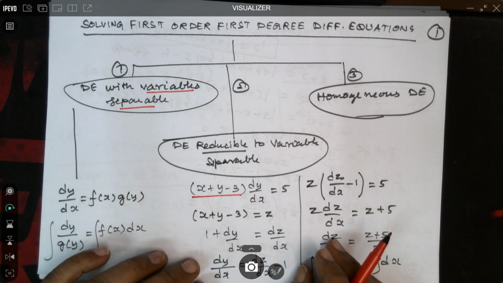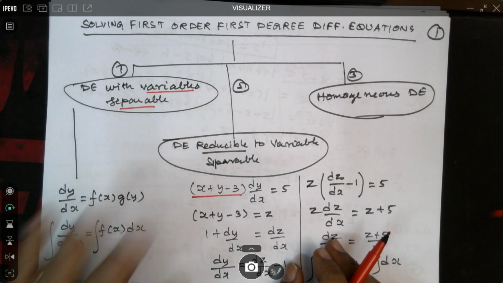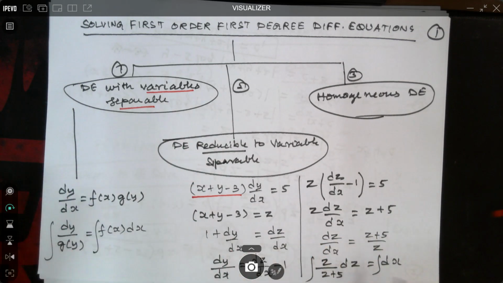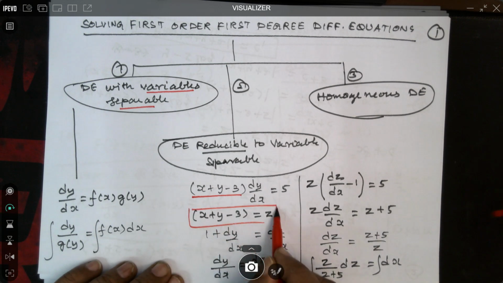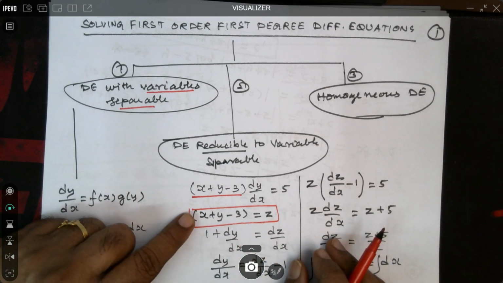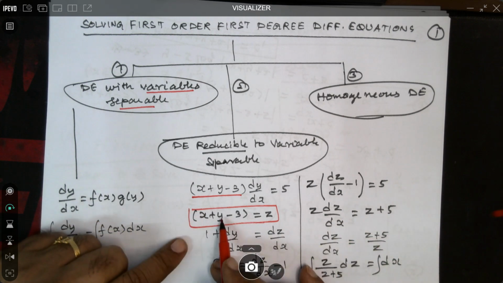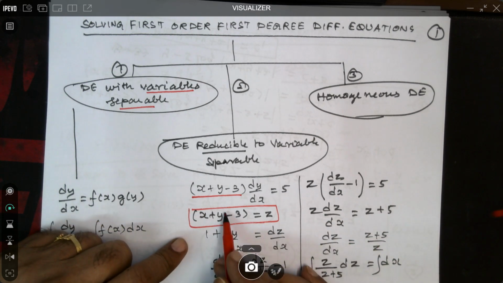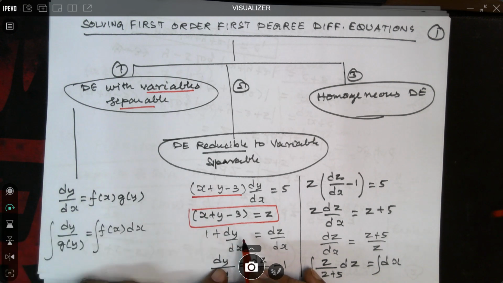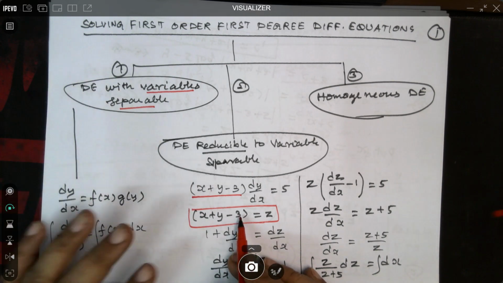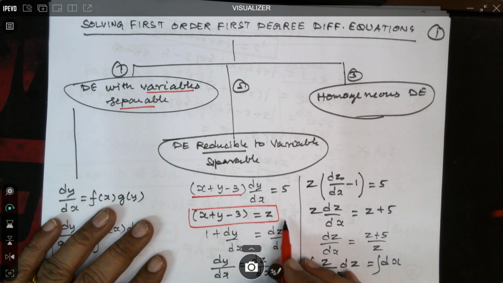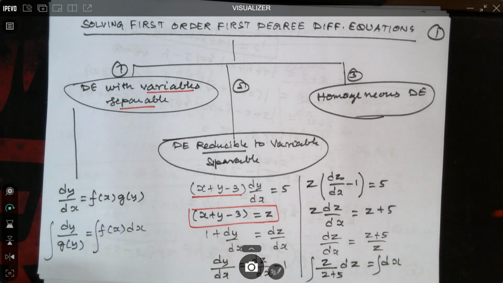Now we have to differentiate this with respect to x. When we differentiate this equation with respect to x, differentiation of x with respect to x is 1. And what about y? That is dy by dx, because it is differentiated with respect to x. And for the constant it is 0, therefore dz by dx.